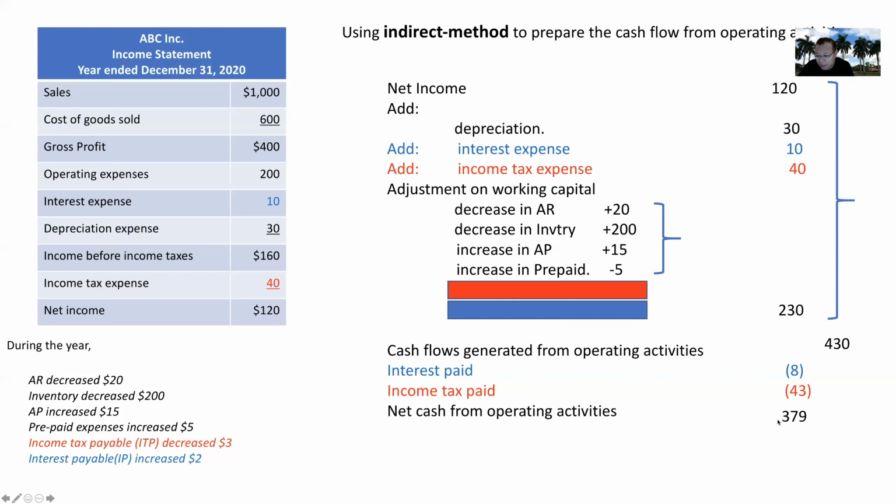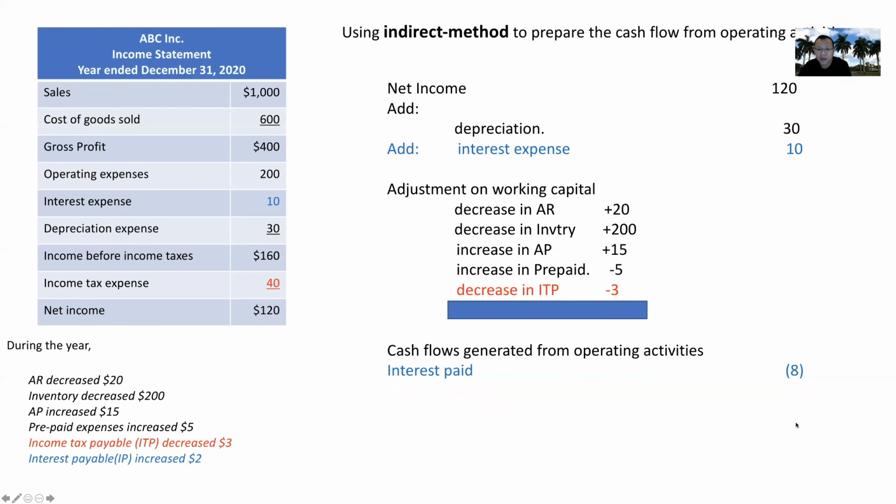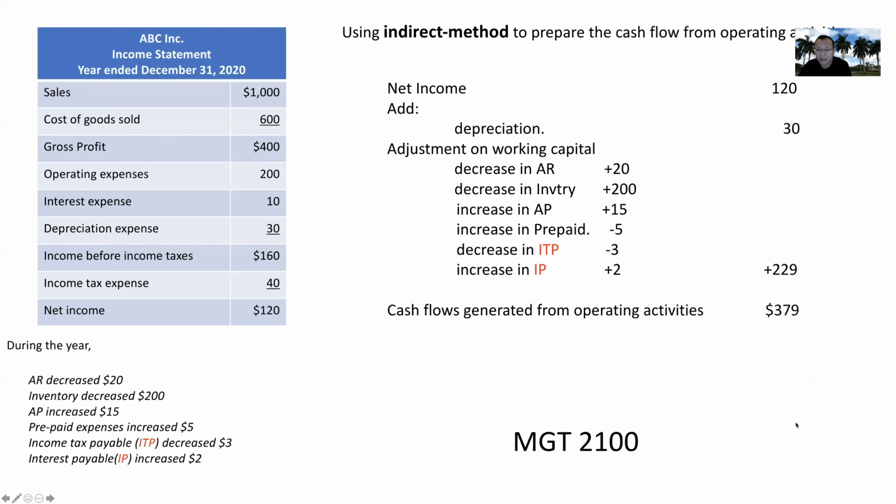So this number is the same, 379. The end result is the same.